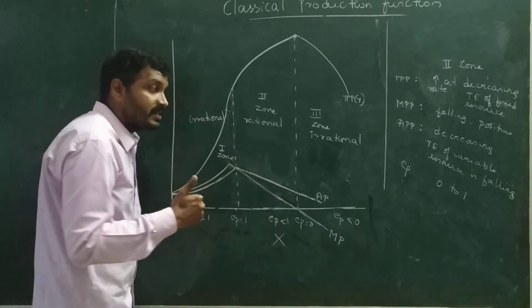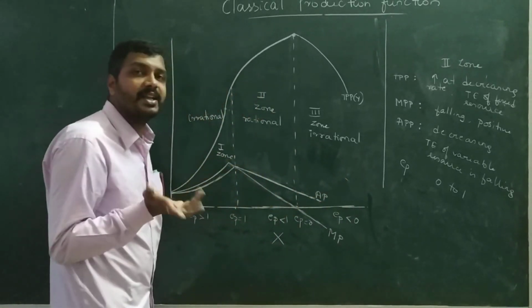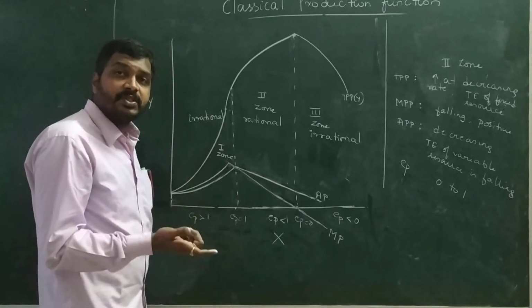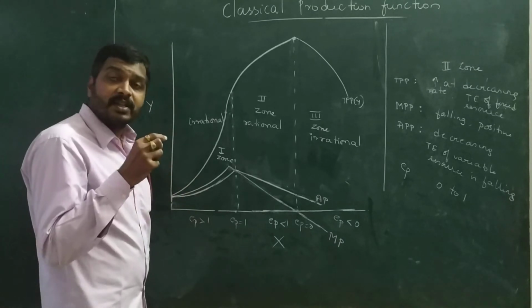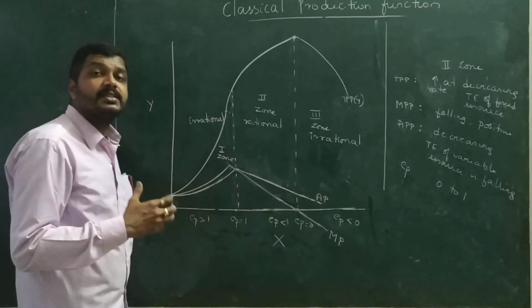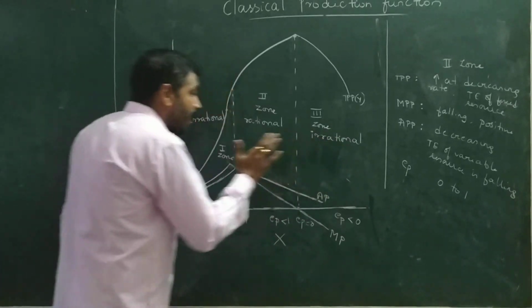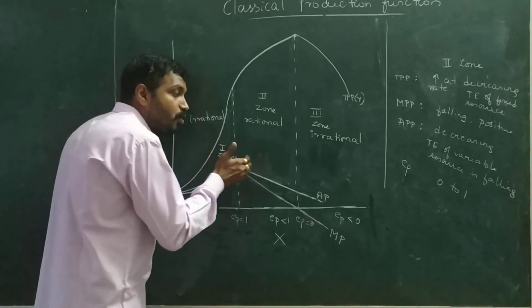Another thing is that the farmer should not operate in the third zone because it is irrational. Because MPP is negative, TPP is declining, APP is declining, EP has taken a negative value. None of the characteristics is favorable. So he should not operate in this zone. He should move out of this zone.